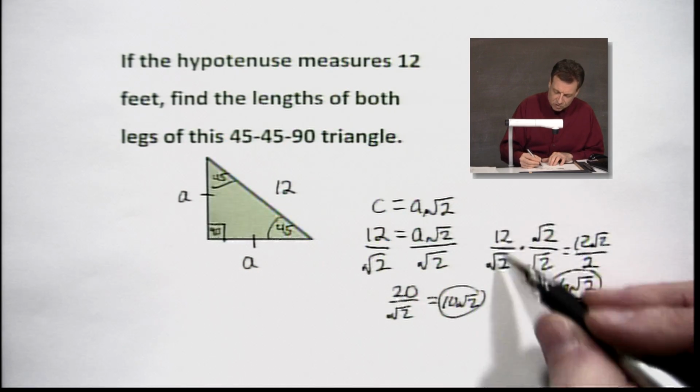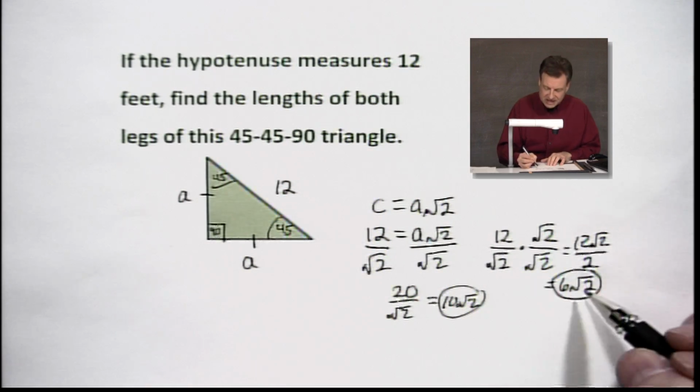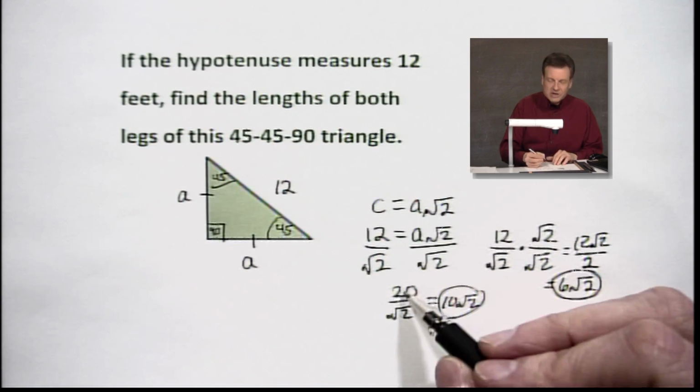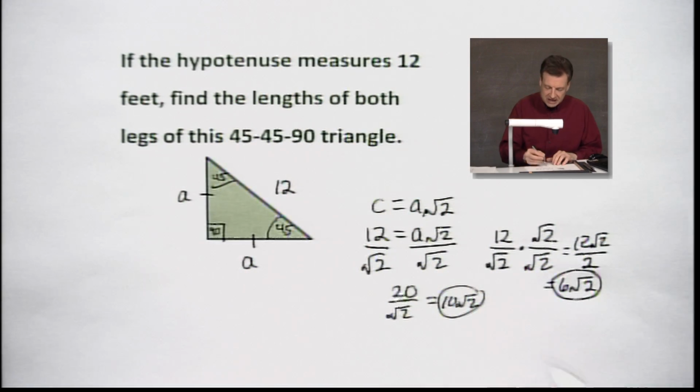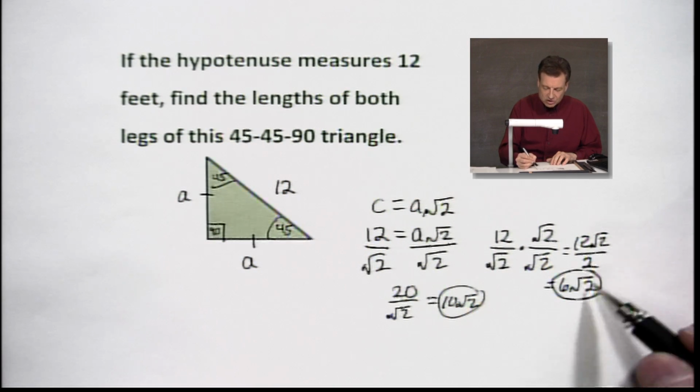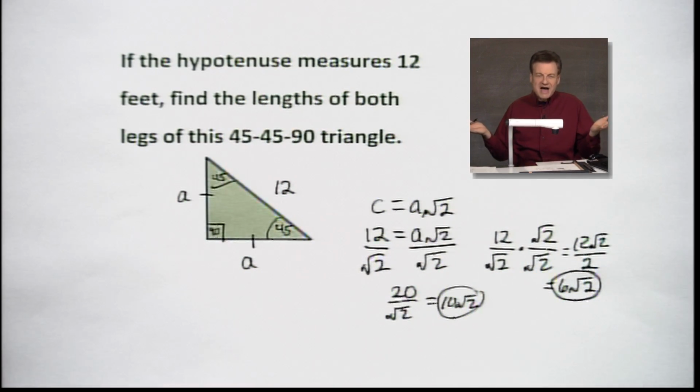Here we've gone from 12 divided by a square root of 2 to get to 6 square roots of 2. A little rule I like to call divide and attach. Basically divide this 2 into the 20, it goes 10 times, and attach the radical that you've been trying to get rid of out of the denominator. It'll work. Over here, what happened? 12 times the square root of 2 over 2. Divide and attach. You will have 6 and bring up the square root of 2 to join up.